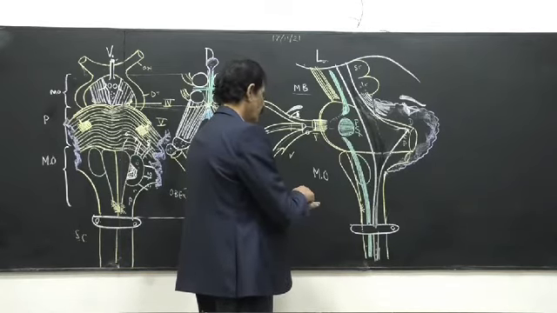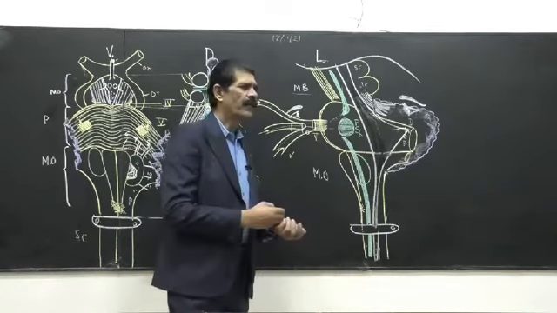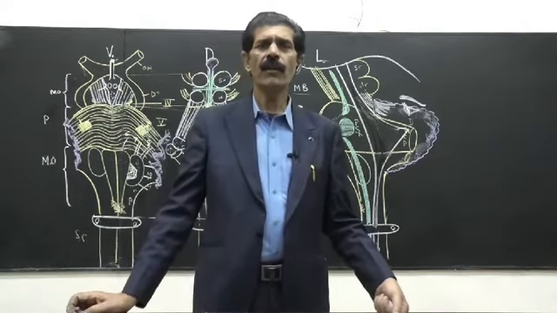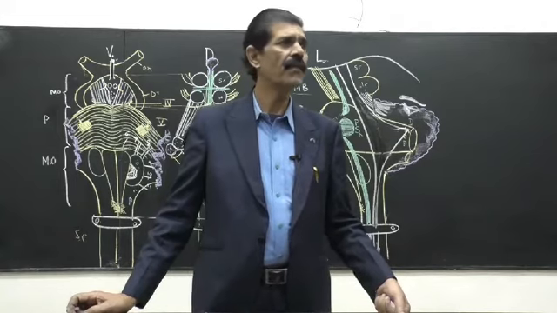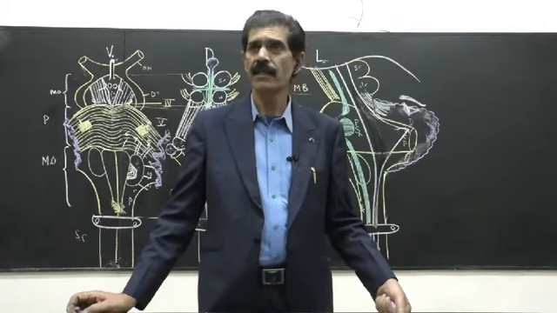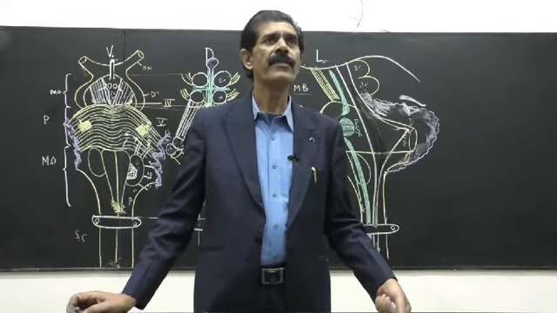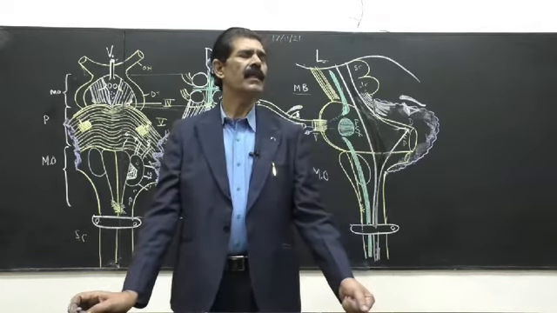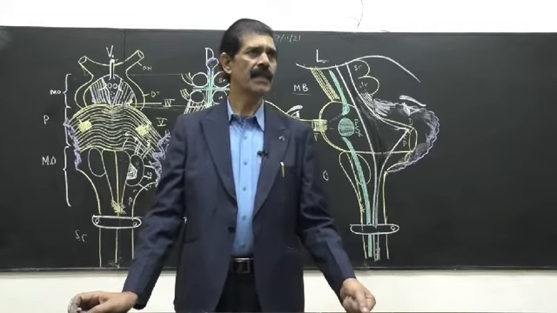Then another thing you have done with the head and neck is the secretomotor fibers of the 3 salivary glands: the sublingual, submandibular, and parotid. All these glands are secretory.